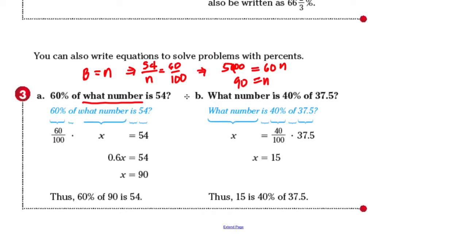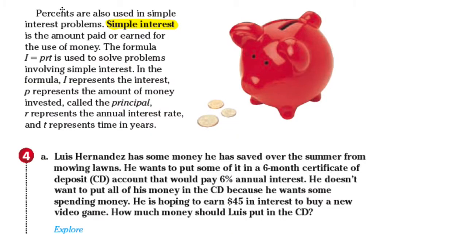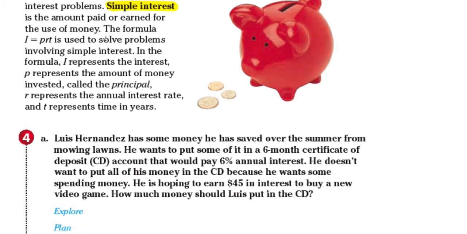And let's take a look at one last thing, and it concerns simple interest. Percents are also used in simple interest problems. Simple interest is the amount paid or earned for the use of money. The formula I equals PRT is used to solve problems involving simple interest.